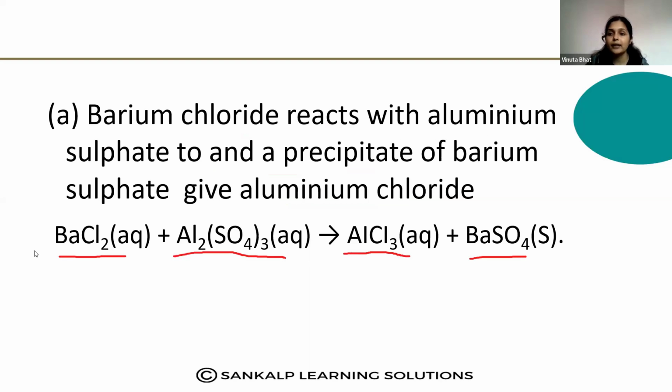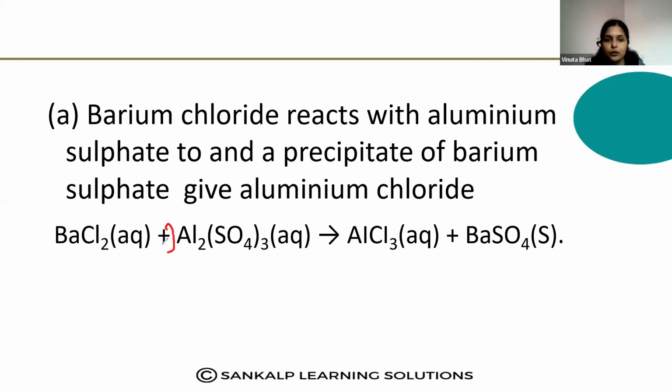So we should write the balanced chemical reaction here. Here barium is the same, but chlorine is 2 here and 3 there. Aluminium is 2 here, and only 1 there, and sulfate SO4 is 3 here. So we have to balance this reaction.